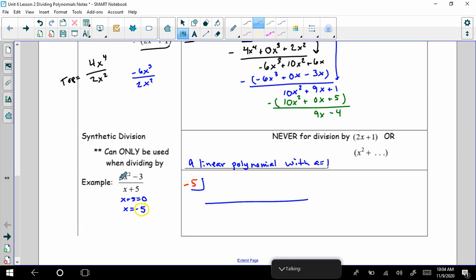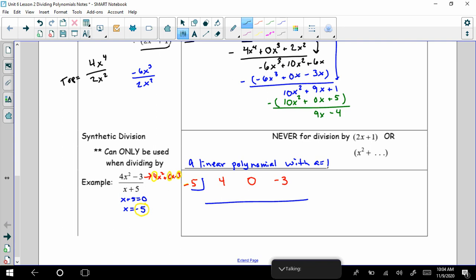On the inside, we're going to use our coefficients of this. So we have a 4x squared plus 0x minus 3. All right, so we're just going to take our coefficients, but we need every single term to be counted, including that 0 term. And so on the inside, we do 4, we do a 0, and we do a negative 3.